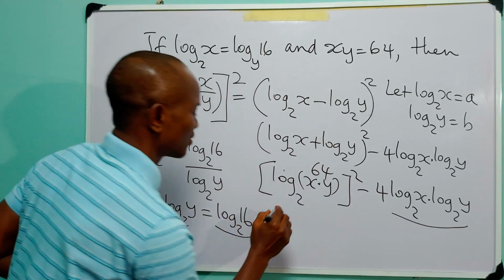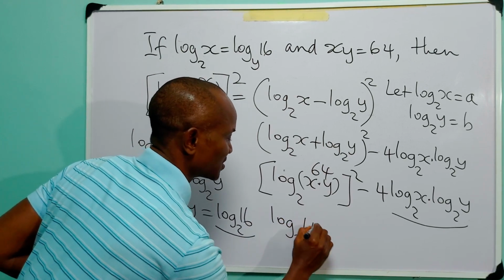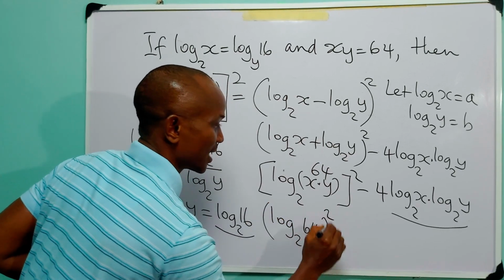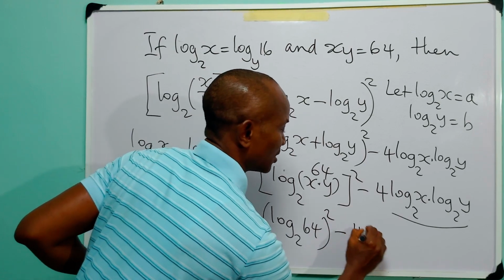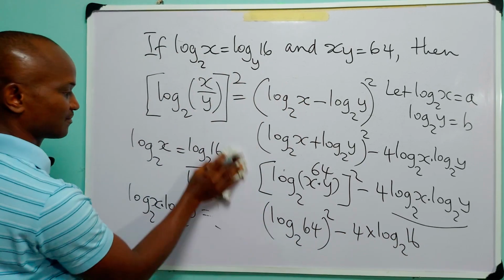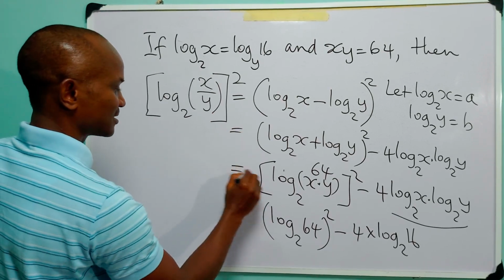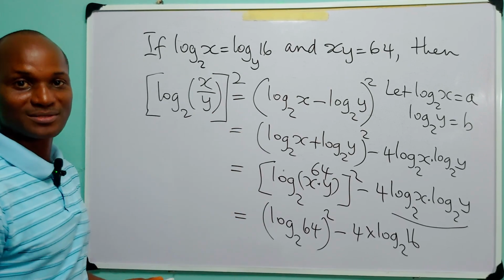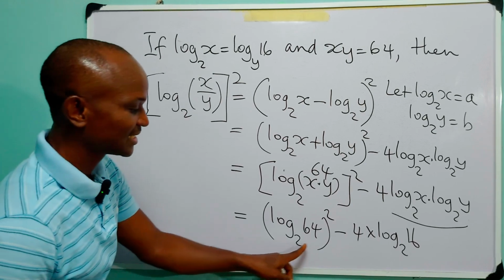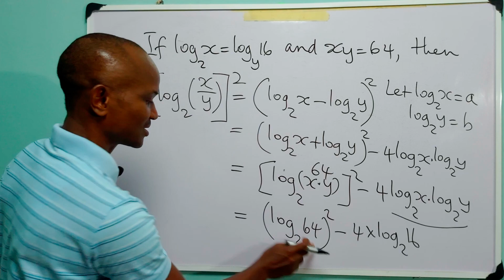So ultimately this becomes log to base 2 of 64, squared, minus 4 times log to base 2 of 16. Now note that these are quantities that we can evaluate. Let us start with this one.